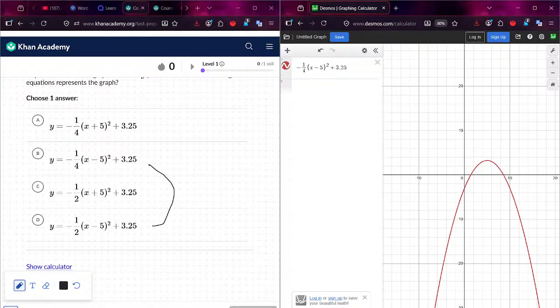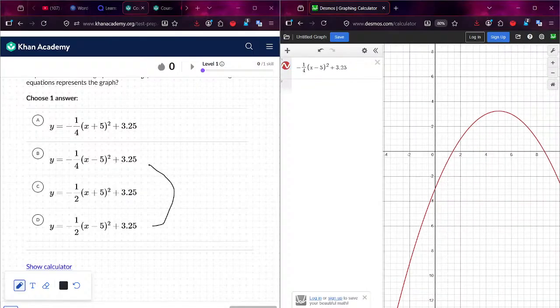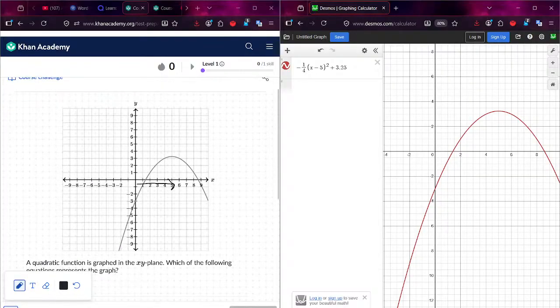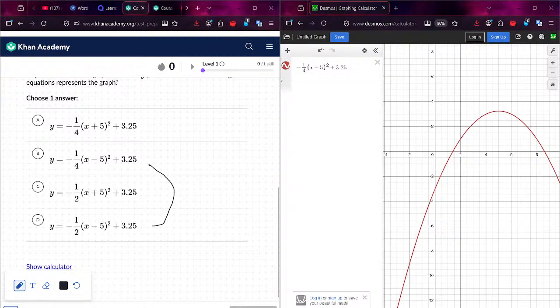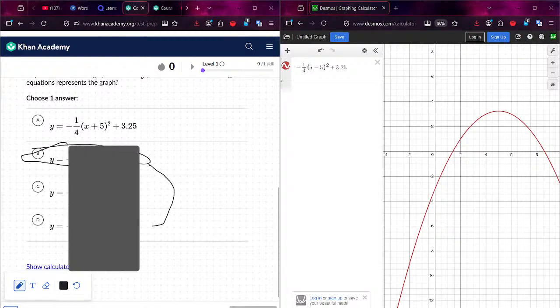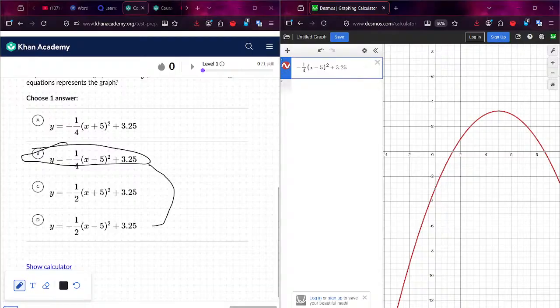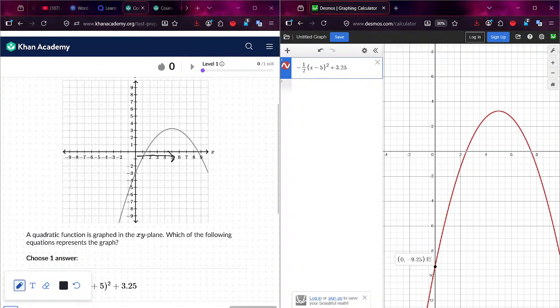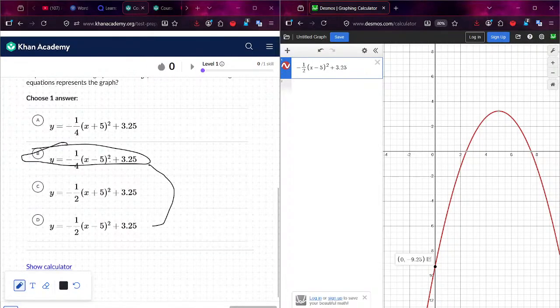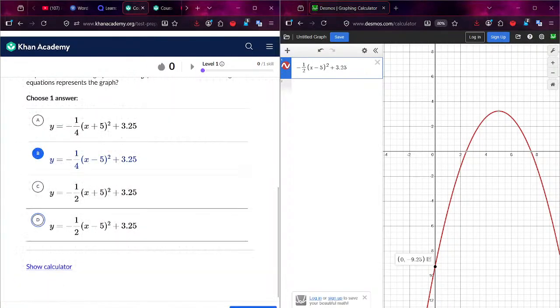Right, so this right here is going to be intersecting here at about 3, and here it is intersecting at 3. It's a negative 1/4. When we change it to negative 1/2, it's going to intersect at negative 9.25, and that's not the case. So we're going to go with option B.